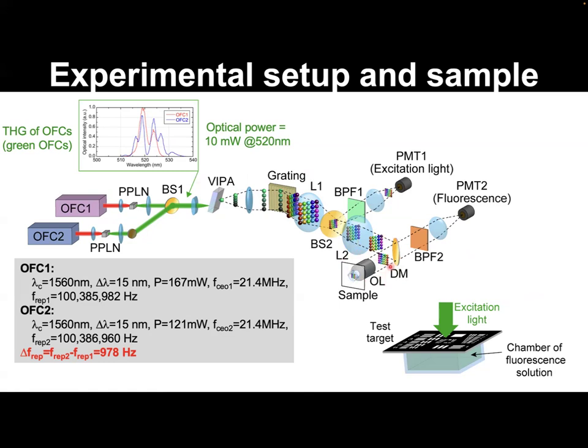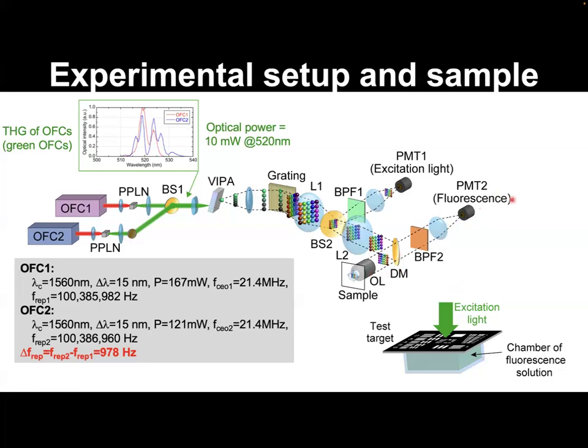Here, the sample used is a combination of a test target with a chamber of fluorescence solution. So when the excitation light comes to the sample, the test pattern image fluorescence appears. This fluorescence image was detected collectively by a photomultiplier, PMT2.